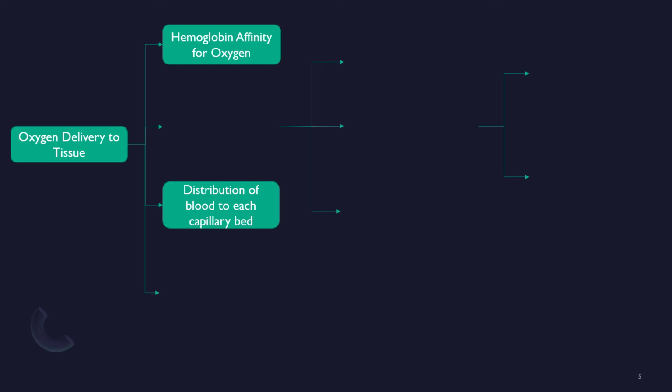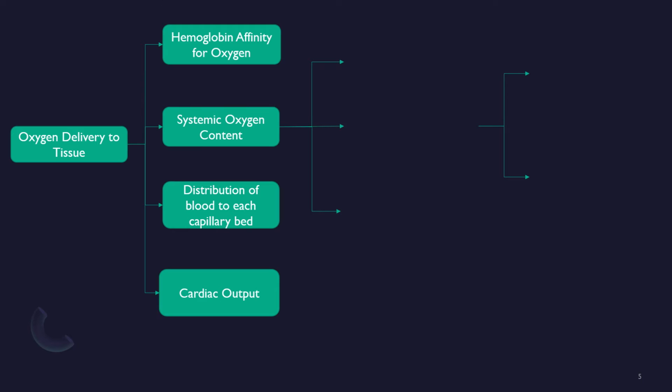You can think of the diving reflex, when your blood flow is distributed from the skin and kidneys to your heart and brain in the early part of shock, in hypoxic ischemic encephalopathy and things like that. Cardiac output definitely determines how oxygen is delivered to the tissue. And finally, systemic oxygen content.